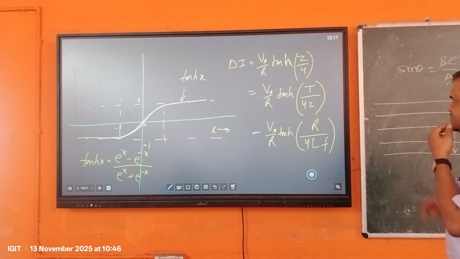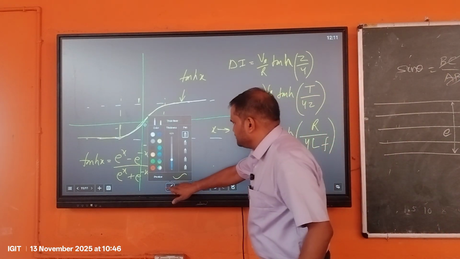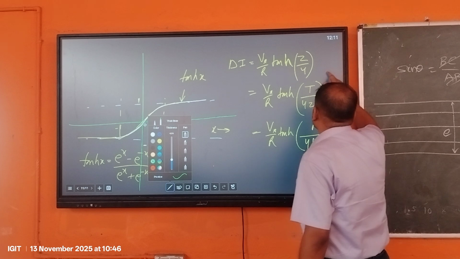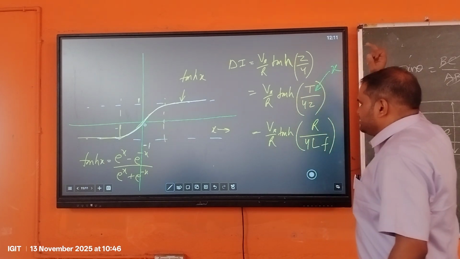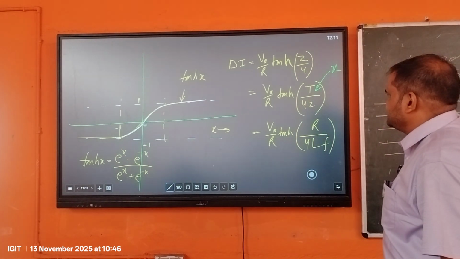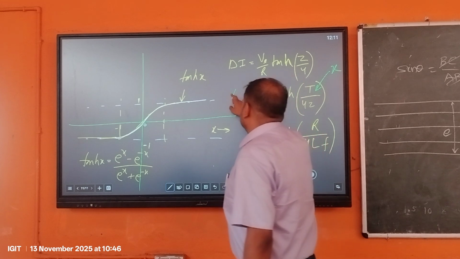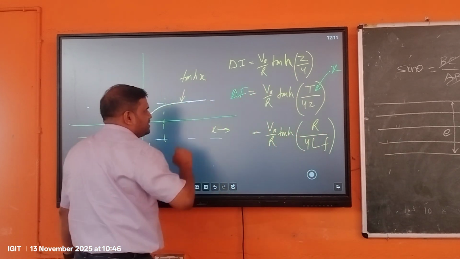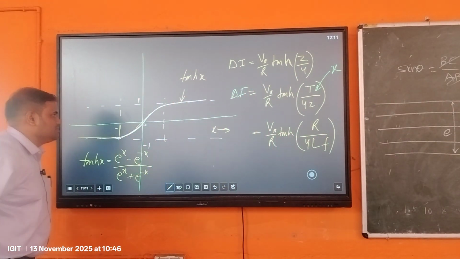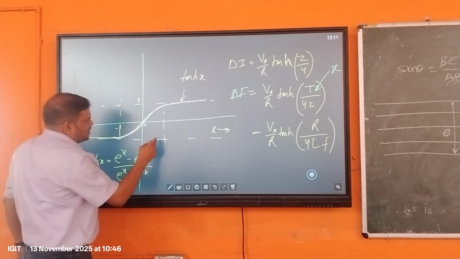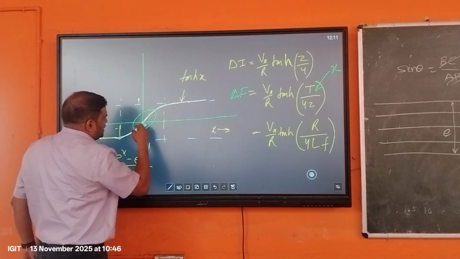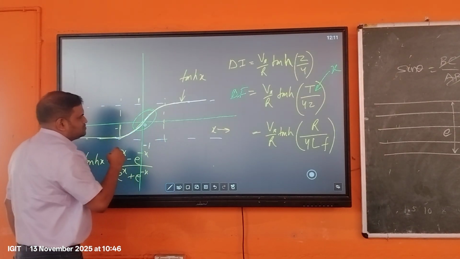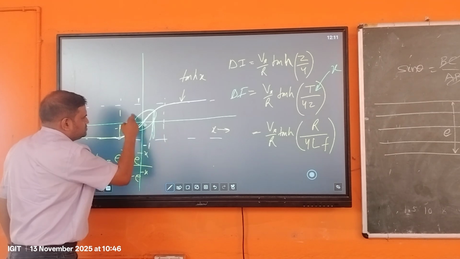Now this is the x. This is the value of the variable called x. Now you have to decrease x. If you want to decrease the value of del I, you have to decrease the value of x below this value. You have to keep the value of x between this range.